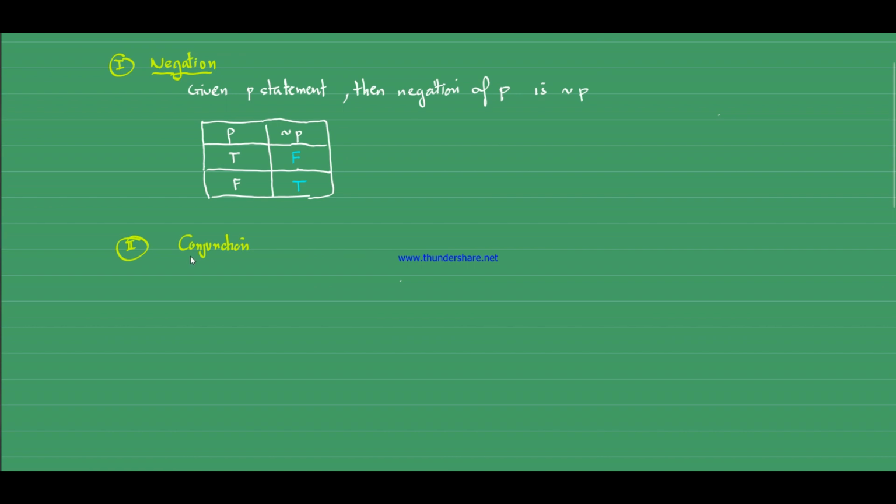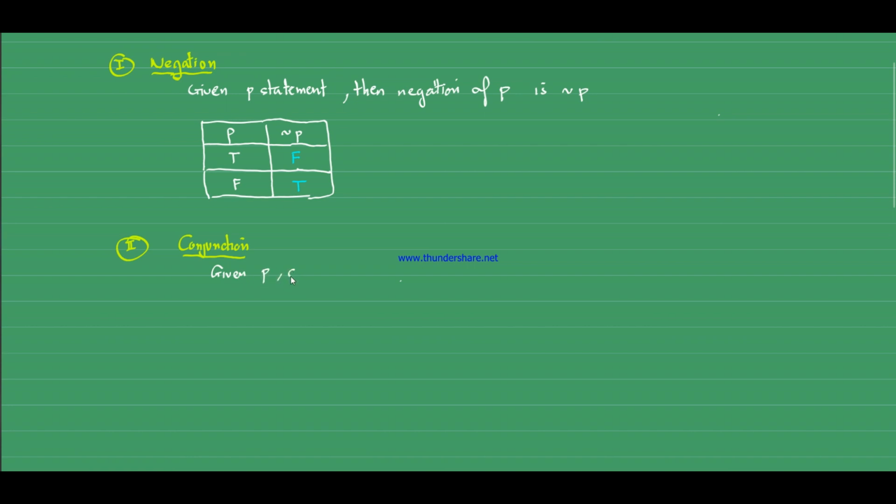We know the conjunction is not a simple statement. The conjunction is the combination of two simple statements, so this conjunction statement is actually a compound statement. We already know that a compound statement is a combination of two simple statements. So let's see how many arrangements we have when we have two simple statements.